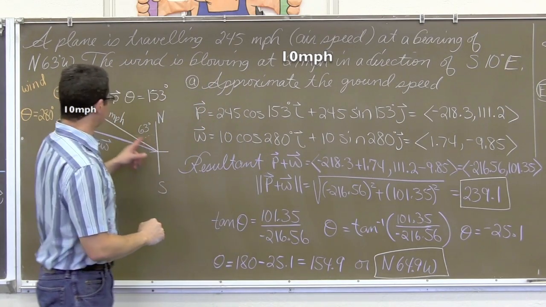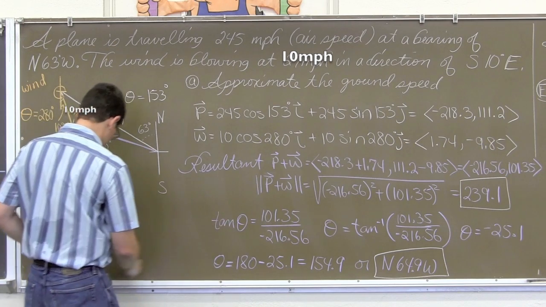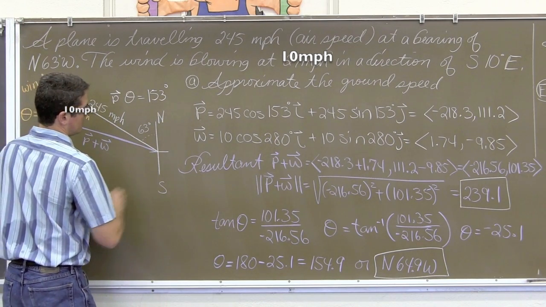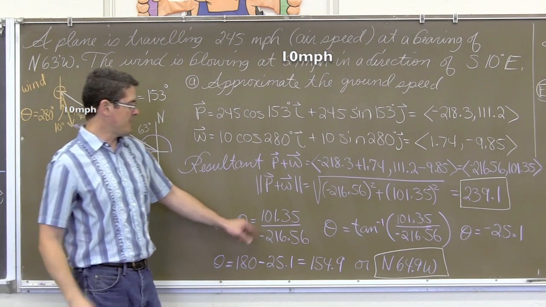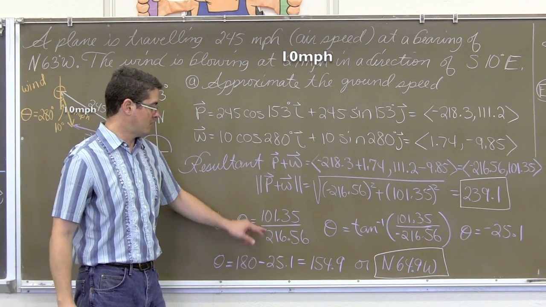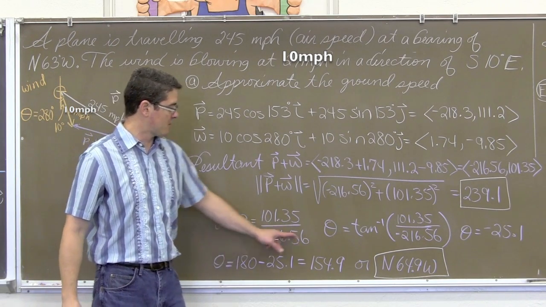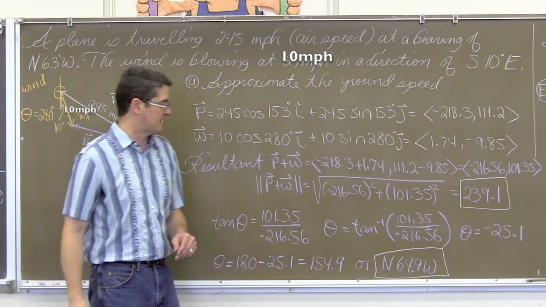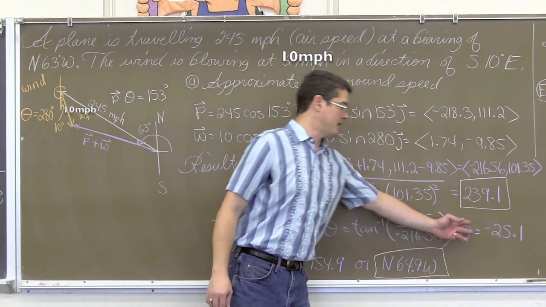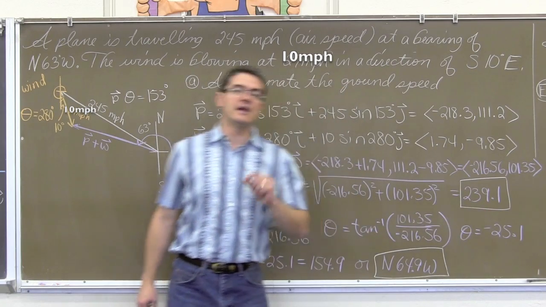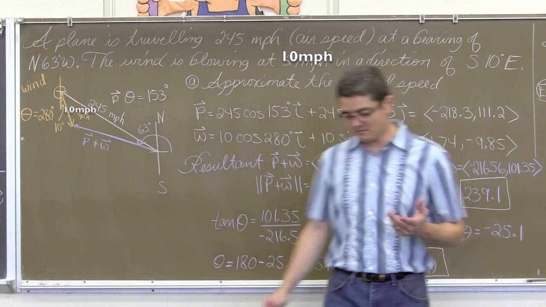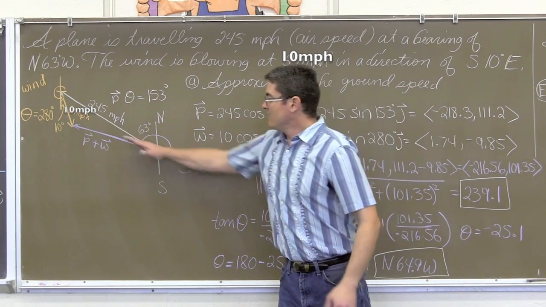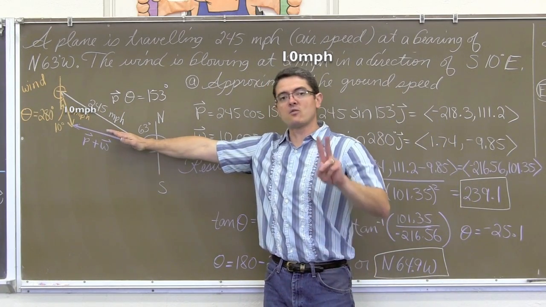As far as the final direction of this resultant vector, figuring out what theta is going to be equal to, the tangent of theta is b over a, or 101.35 over negative 216.56. After you do the inverse tangent function, you get negative 25.1 degrees. That's because this vector is drawn in quadrant 2.